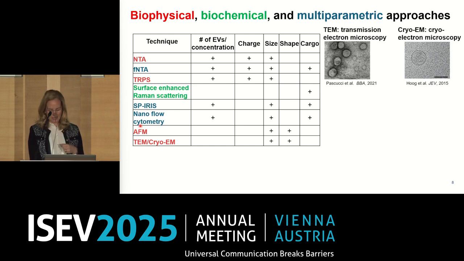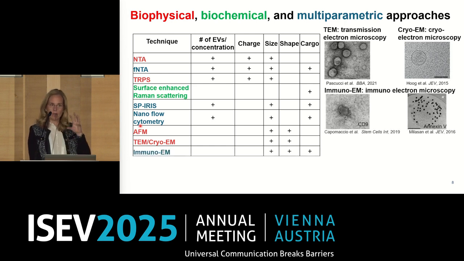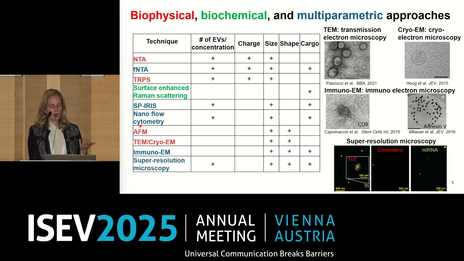Really great effects. And we can combine that with immuno labeling to learn are those particular markers we care about there. And of course, there is super resolution microscopy, something that I do a lot in my lab, that can tell us about shape, size, and also tell us something about the concentration of particular cargo that we care about.